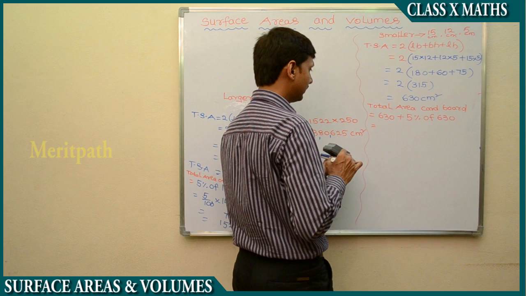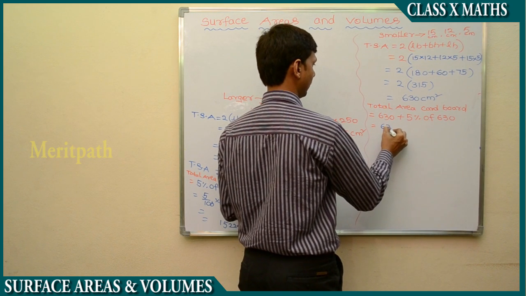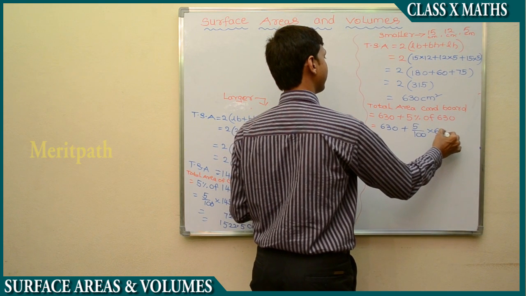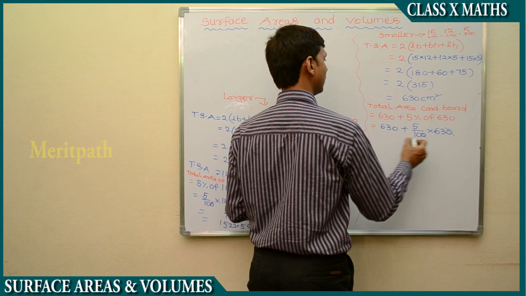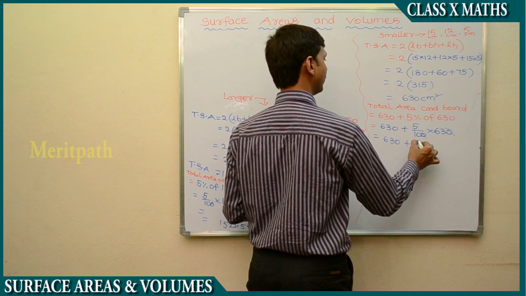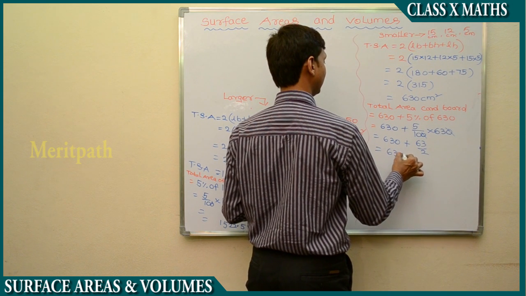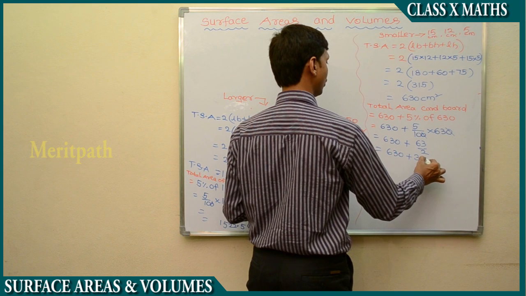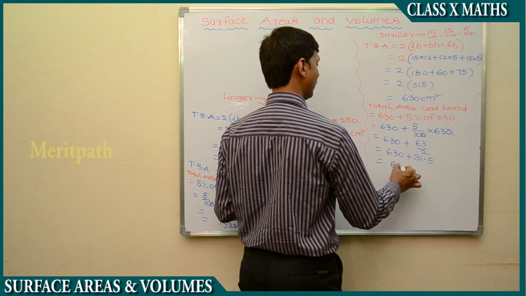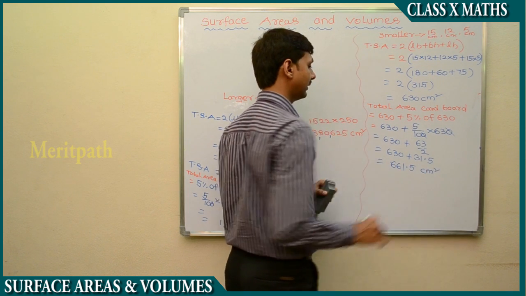So 630 plus 5 by 100 into 630. Let's cancel this: 630 plus 1 by 20 into 630, that is 630 plus 31.5. After division and addition we get 661.5 centimeters square.